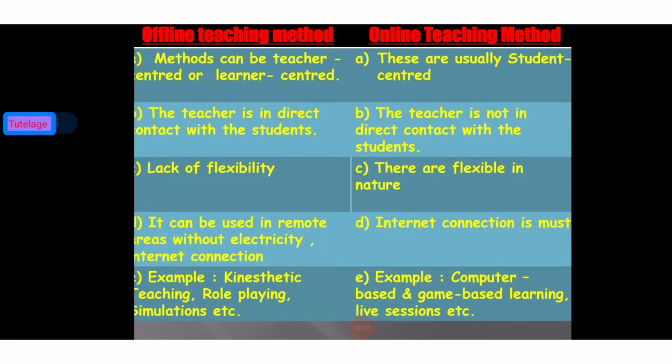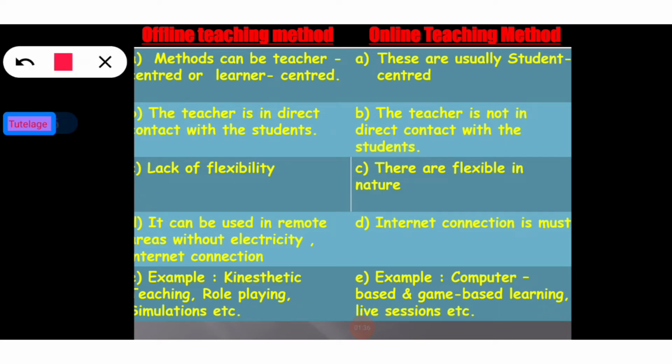Offline teaching method means teaching takes place inside the classroom, and on the other hand, the online teaching process indicates there is no limit of physical boundary for the classroom. I think this is clear, and this is one of the easiest concepts in the first chapter of education. Now going to the differences.